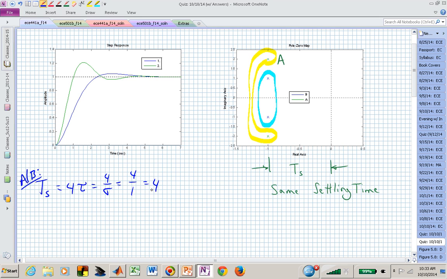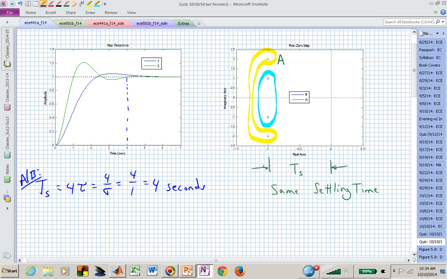Sigma in this case is 1, so we should be expecting a 2% settling time of 4 seconds. And in fact, that's when they both seem to enter the same 2% tube. We can't distinguish between these two sets of poles based on settling time.